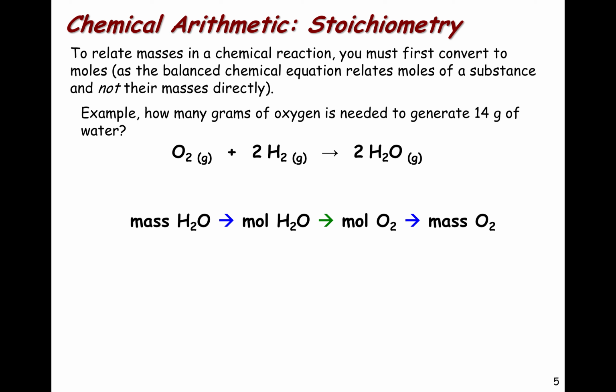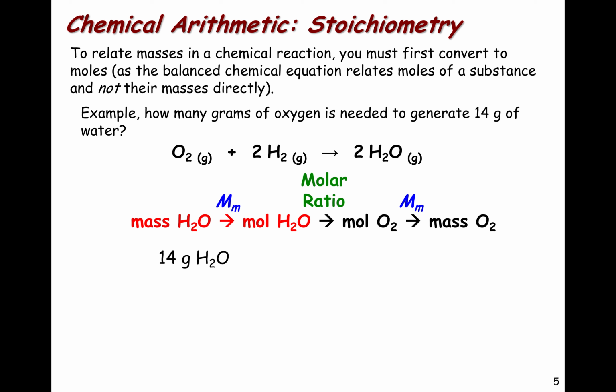So to do this calculation, we need the molar mass of the water. We can calculate that. We are going to need the mole ratio between the water and the oxygen that comes from the balanced chemical reaction. And we'll need to know the molar mass of the O2, which we can calculate from its formula. So, the first step.